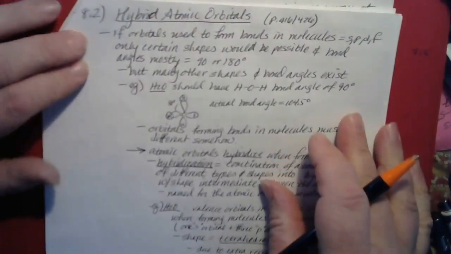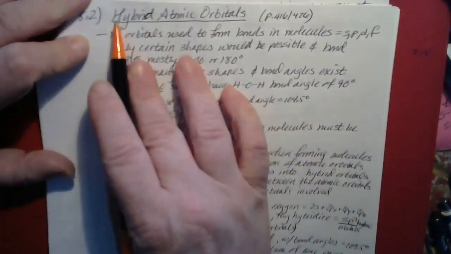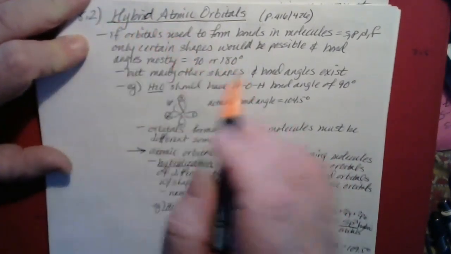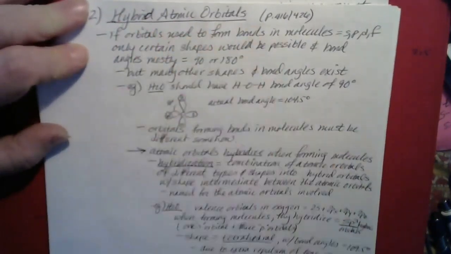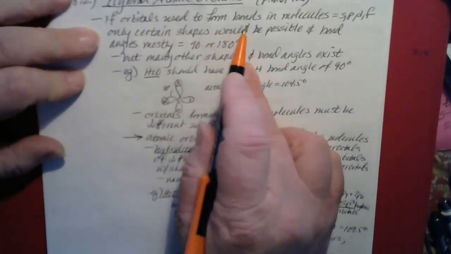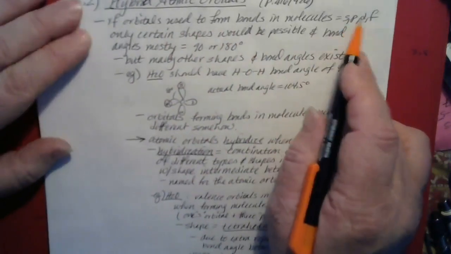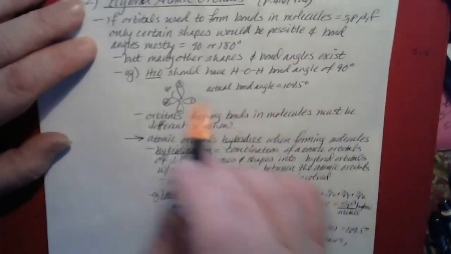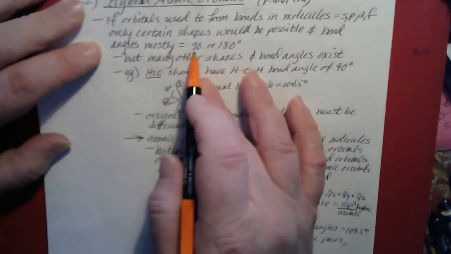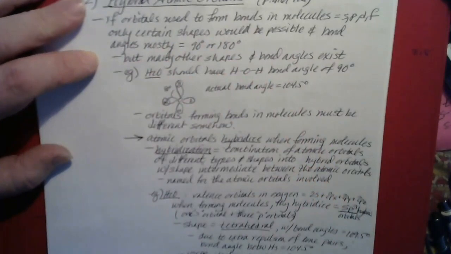All right, now, the question of why certain shapes of molecules form when those shapes are different from the shapes of the atomic orbitals where the electrons that form the bonds are located is addressed by what's known as hybridization of atomic orbitals. So if the orbitals used to form the bonds in a molecule were just s, p, d, and f, those shapes that we saw in the last chapter, chapter 6, rather, then only certain shapes of molecules would be possible, and the bond angles would be almost all 90 degrees or 180 degrees, one or the other.